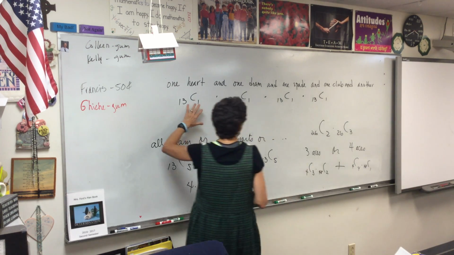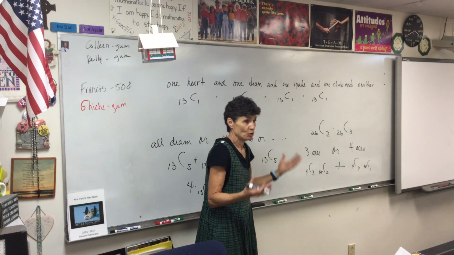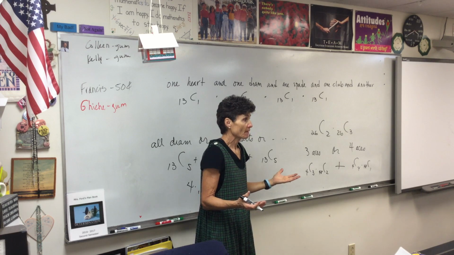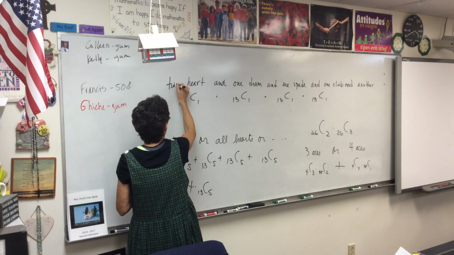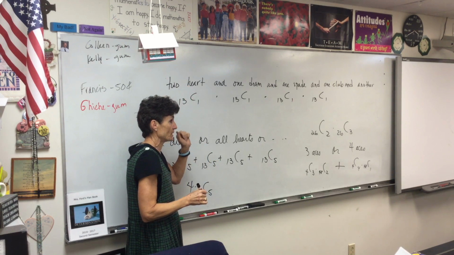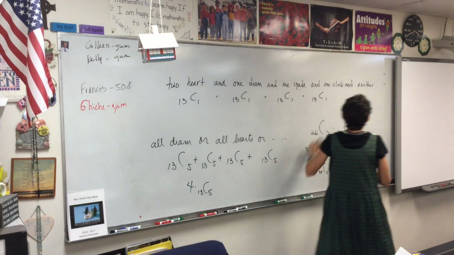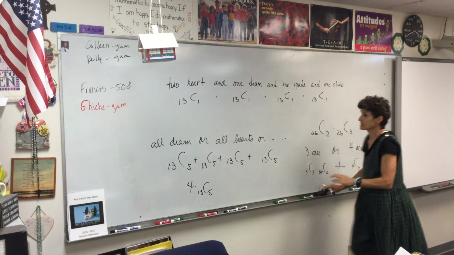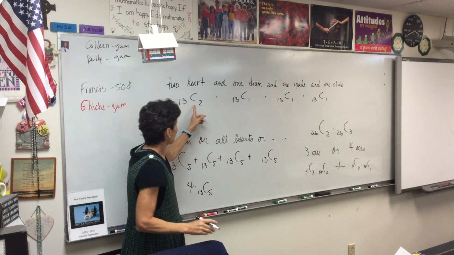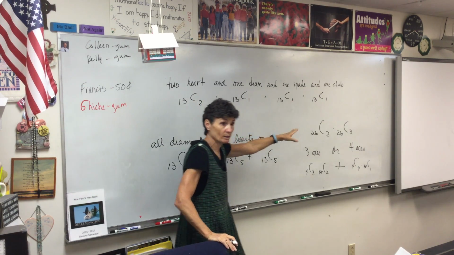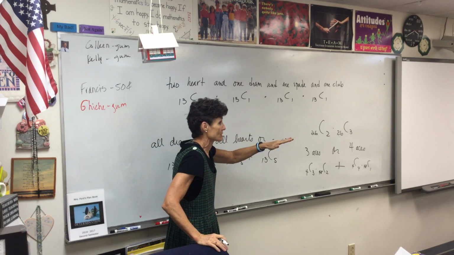Would you agree that if you have to have 1 of each suit, you're going to have 2 of something? So let's just say, what if it was hearts that I wanted 2 of, and 1 of everything else? Then it would be 13C2, and then 1 diamond, 1 spade, and 1 club. So that would take care of if there were 2 hearts.